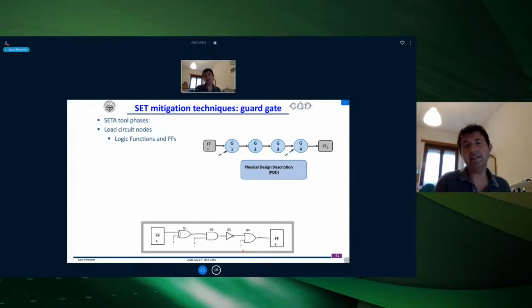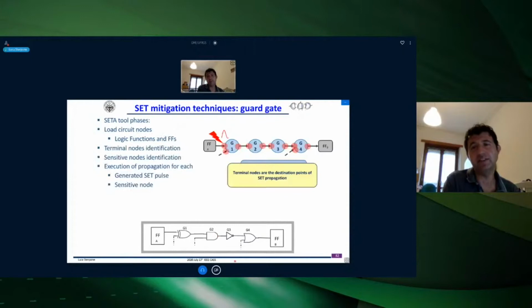Here there is an example of how the propagation is performed. So basically each transient can affect one of these nodes, and the propagation might affect one of the cells, of course, randomly depending on the particle. If the particle affects this node here, it will propagate across this gate, from gate 1 to gate 4.